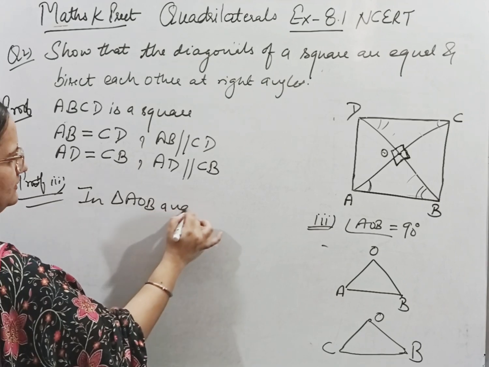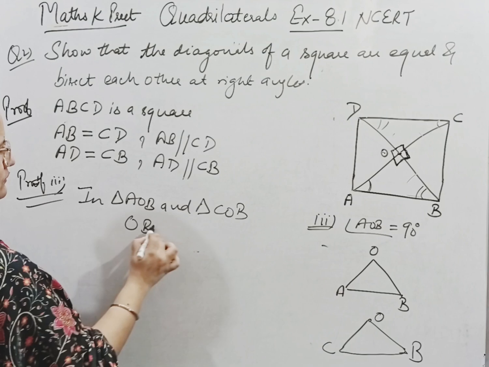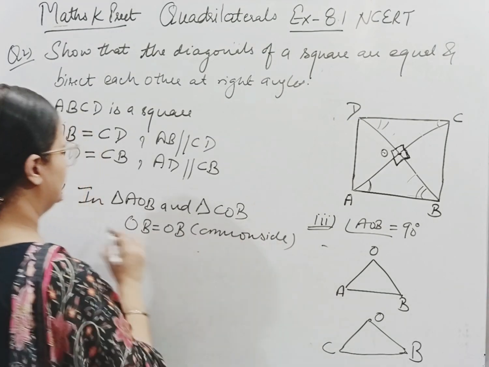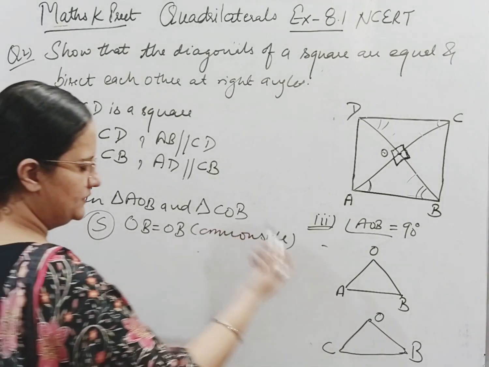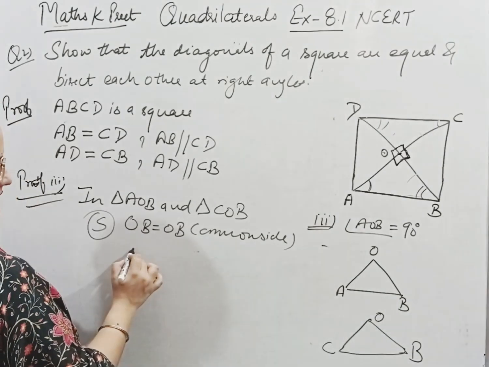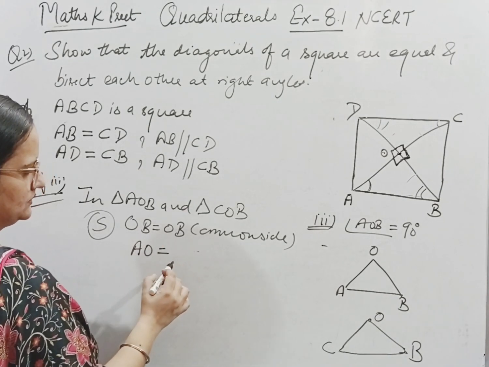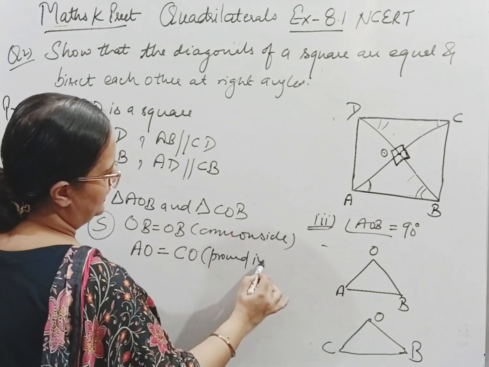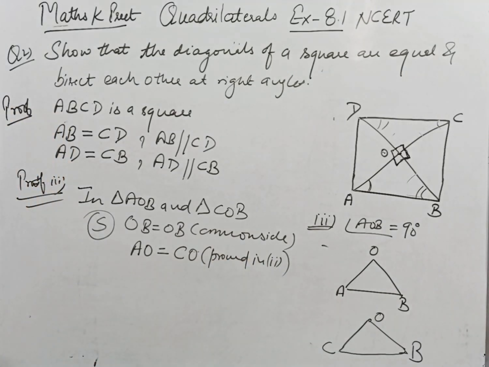So in triangle AOB and triangle COB, OB is equal to OB, common side. This is a side. I have just proved in the second part that AO is equal to CO, because the diagonals are bisecting each other, proved in part number 2. What else?